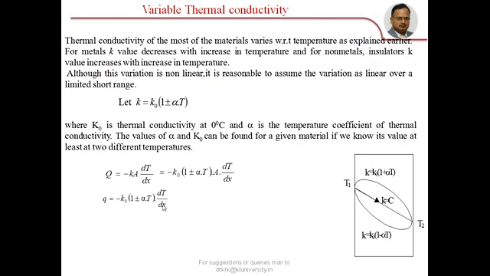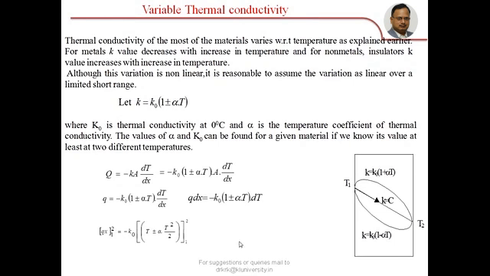Take this area to the other side, it becomes heat flux equal to minus K naught into 1 plus or minus alpha T dT by dx. Take dx to the left hand side, q dx equal to minus K naught into 1 plus or minus alpha T dT. Integrate it on both sides.